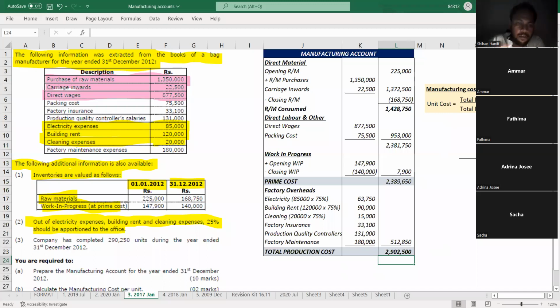Unit cost means from the total cost, if you divide by the number of units, you will get the cost of one unit. 2,902,500 divided by 290,250.